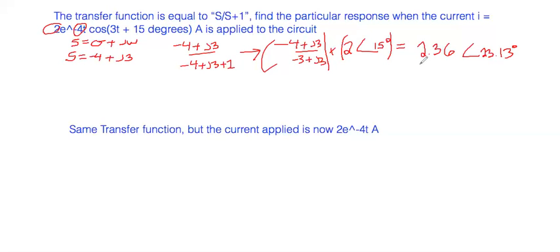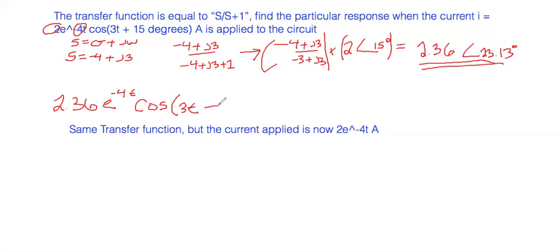So now that we've come to this right here, we need to put that back into our original equation to get 2.36 e to the negative 4t cosine 3t, because our frequency doesn't change no matter what, unless it's combined with another frequency or whatnot.